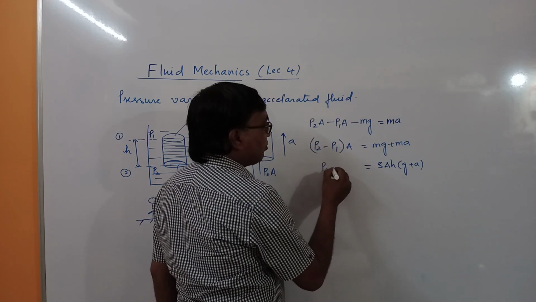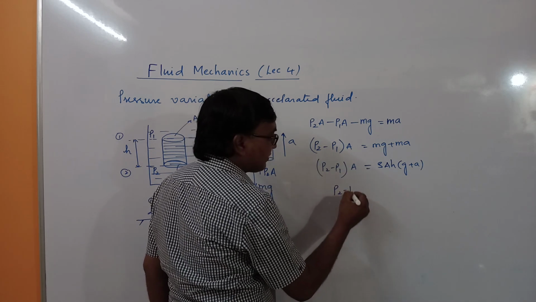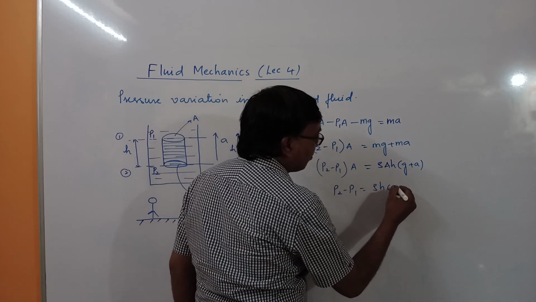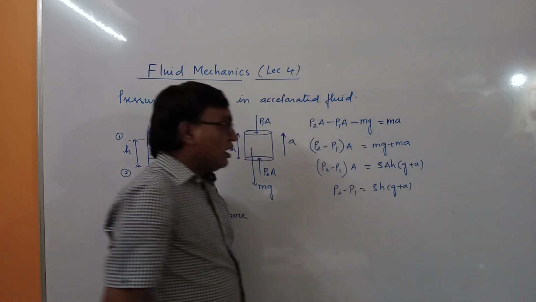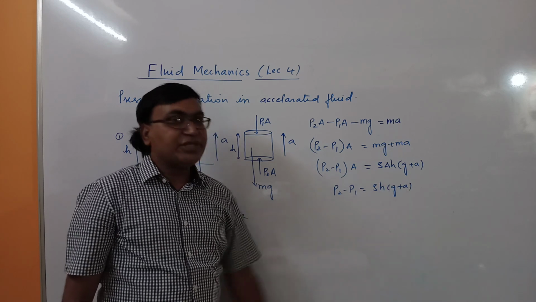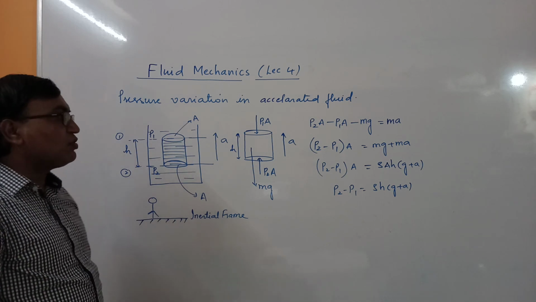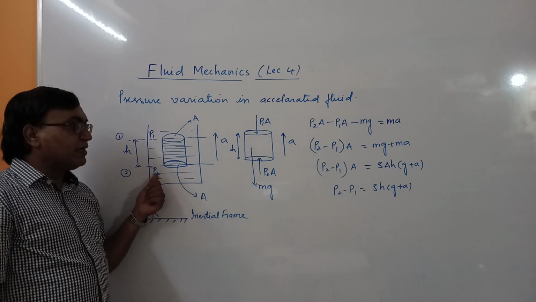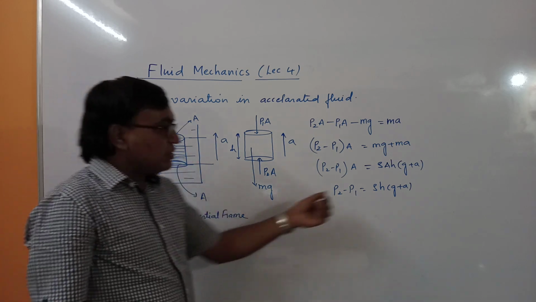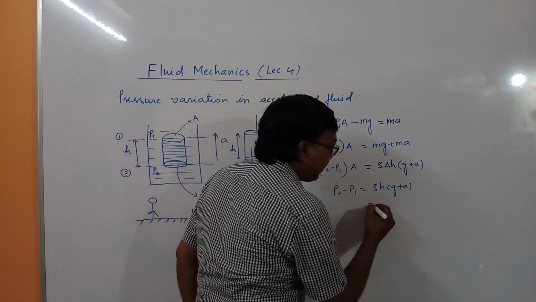So P2 minus P1 is rho h into (g plus a). Earlier, for non-accelerating fluid, we had rho h g. Now there is an additional term a. This is the case when it is accelerating in the upward direction. So the difference in pressure between point 1 and point 2 is rho (g plus a) h.